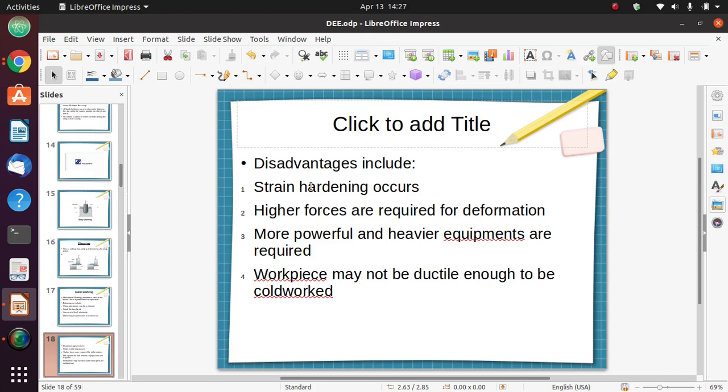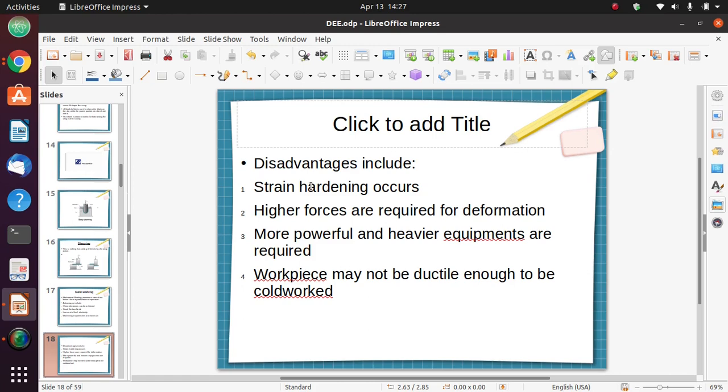If it was hot, I would require less force, but in cold working I will require a higher force. And because I require a higher force, I will require more powerful and heavier equipment to do the same work as compared to when it is hot.